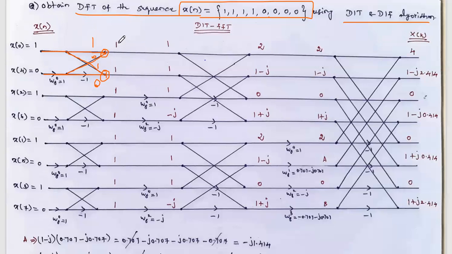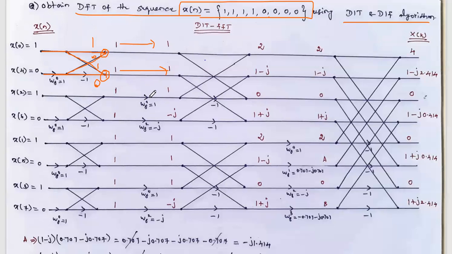Then this first stage answer, we have to give as the input of the second stage. Okay, so here this is the 4-point butterfly. So there are 2 4-point butterflies there. So here in the 4-point butterfly, in the first 2 lines, there is no multiplier in between, so the same value is coming here. Similarly, the same one is coming here. But here you see this one is multiplied with a twiddle factor.